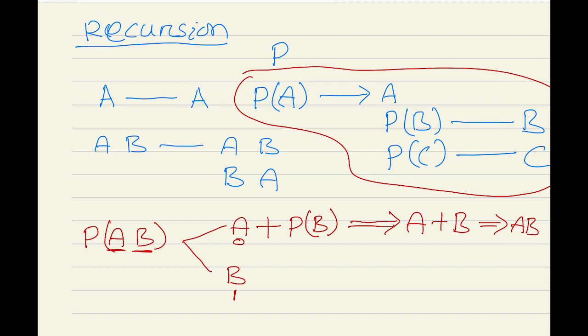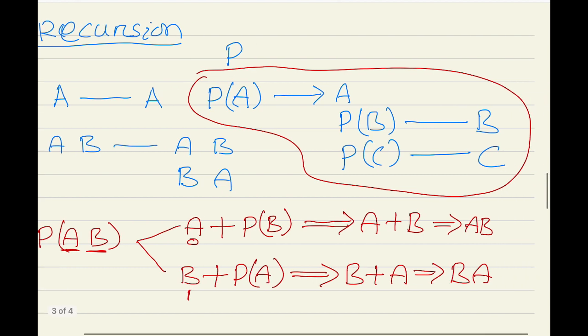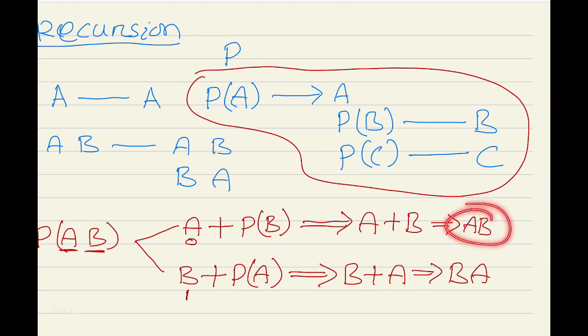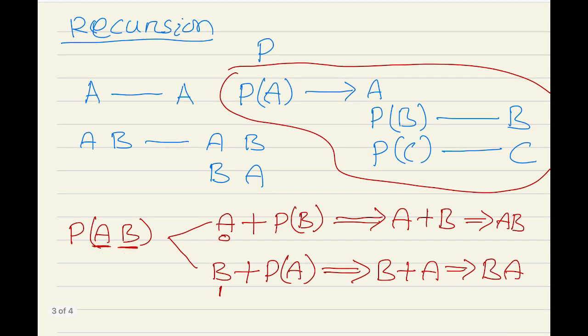Now if we select B first, then B is concatenated with the rest one, that is A, and we know that P of A is A. So I can write B plus A, so it is BA. So one permutation is AB, another permutation is BA if two characters are given.